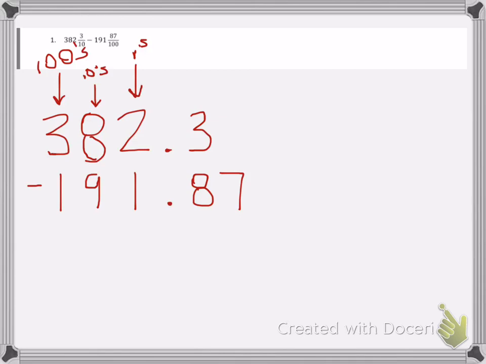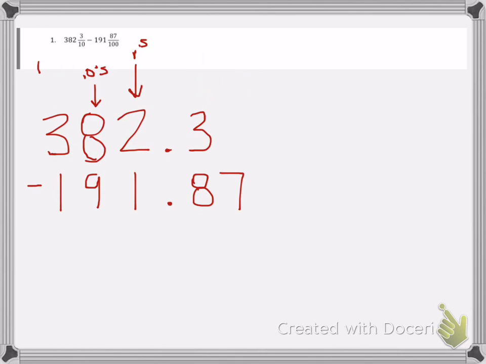Those are all here. And then here's my tenths place, and here's my hundredths place. So I've got all of my place values lined up.